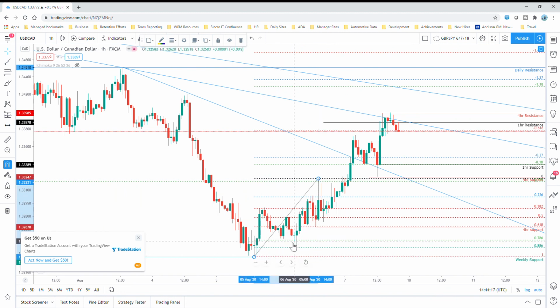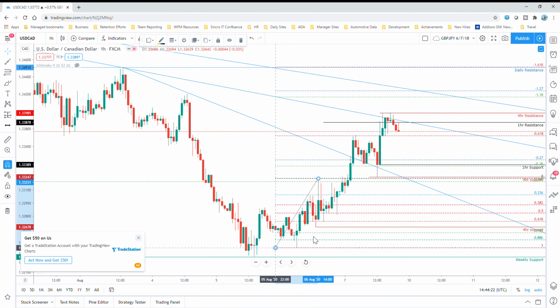Now the C becomes our new A, so A to B. Now we have this pullback that happened here, and you see it came back to a 61.8 area, red to red, right? So 61.8 here, and price takes off.